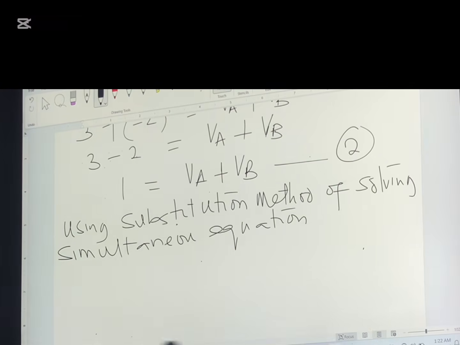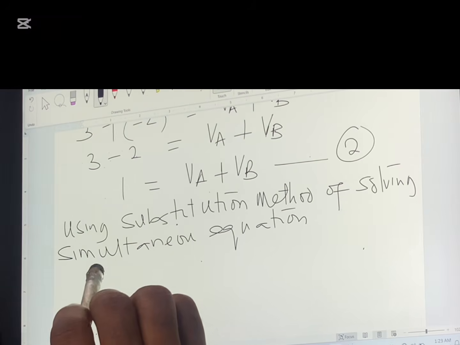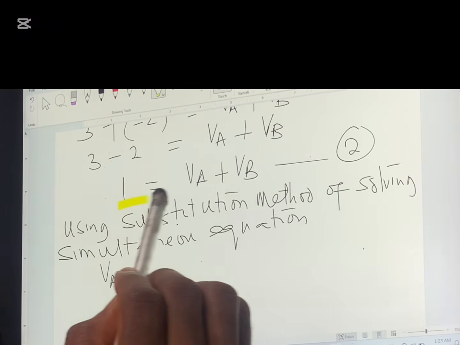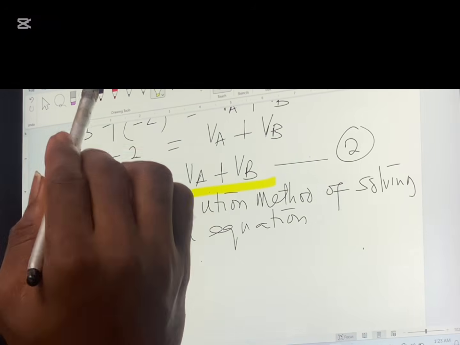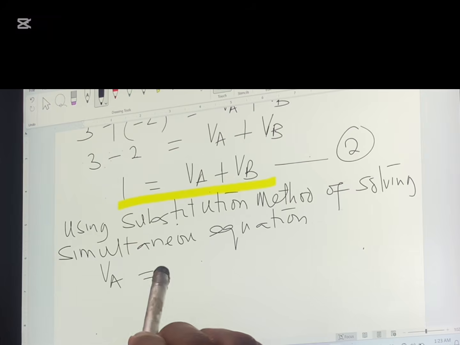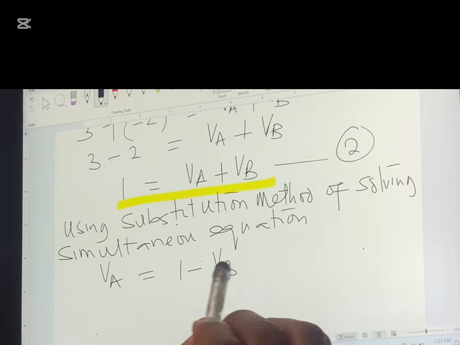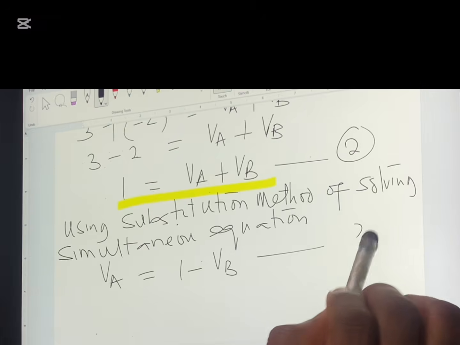Now let's make VA the subject of formula in equation 2. From this expression here, making VA the subject, VA will be equal to 1 minus VB. I will call this equation 3.